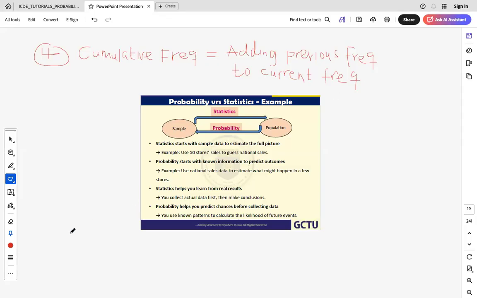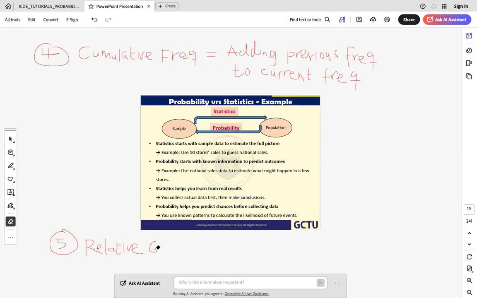Then the next component, number 5, or let's put it this way, the fifth component, let me change the name to cumulative relative frequency.